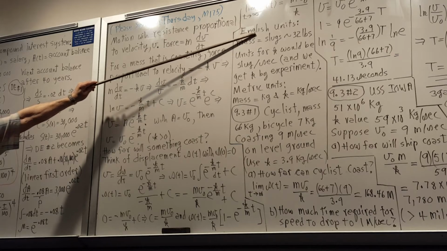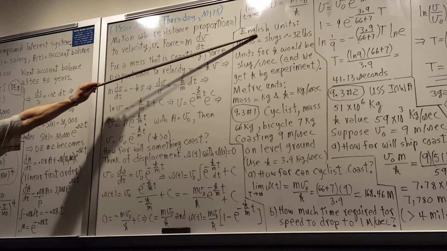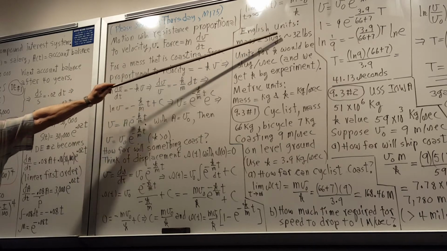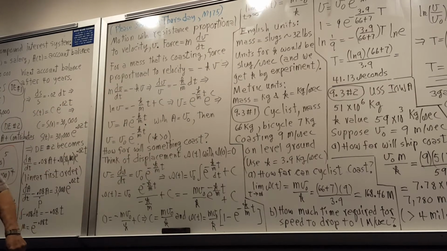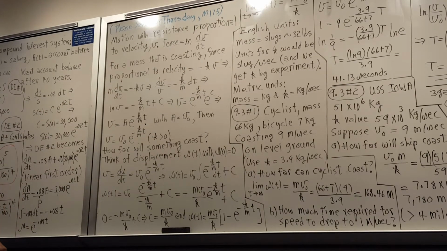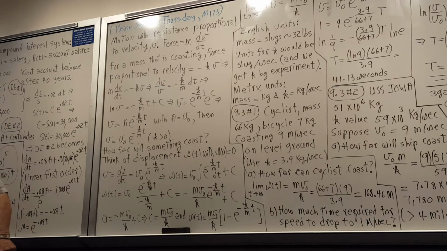If you're thinking of English units, mass is in slugs, and we can get the relationship between weight in pounds and slugs by dividing pounds by 32.